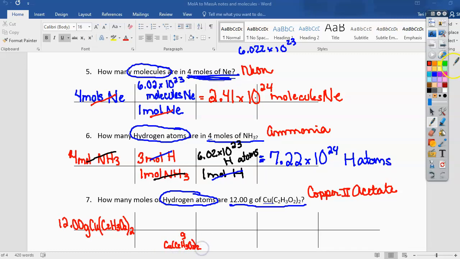When you're figuring out your grams of copper 2 acetate, this is where people make their mistakes. I have 1 copper, I have 4 carbons, I have 6 hydrogens, and I have 4 oxygens. So let's add them all up.